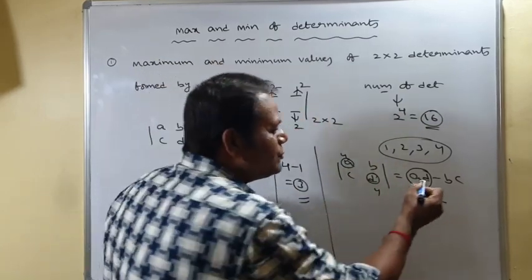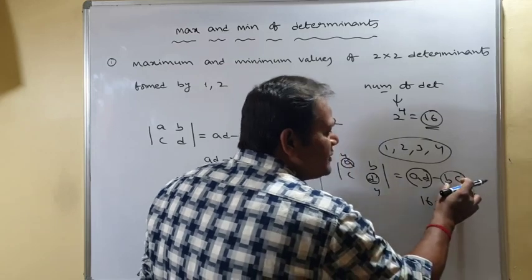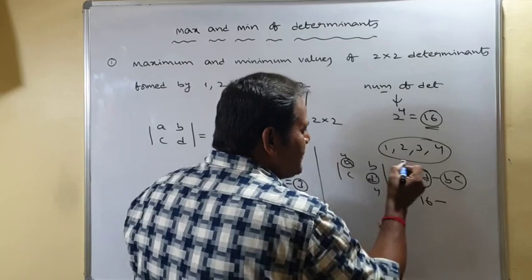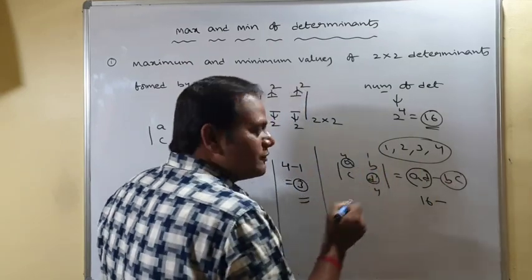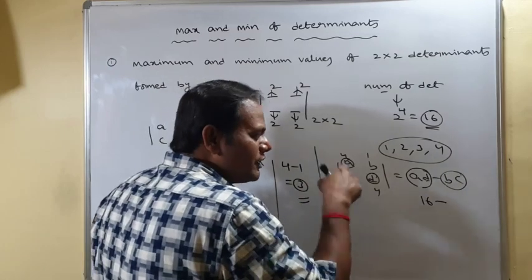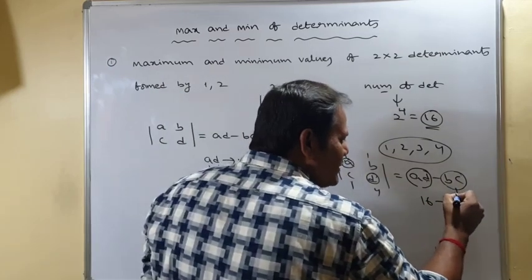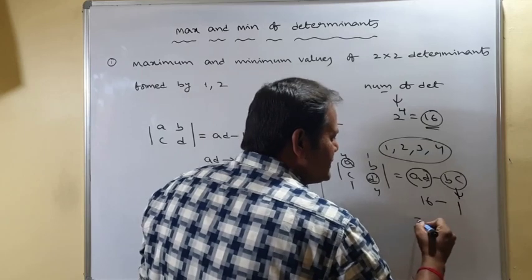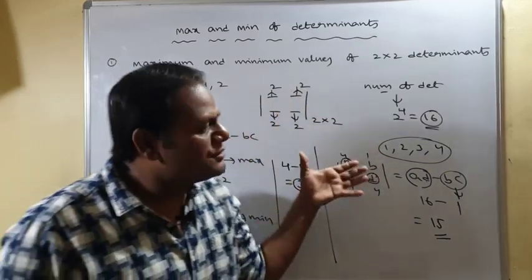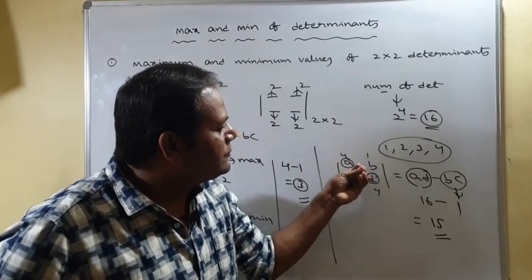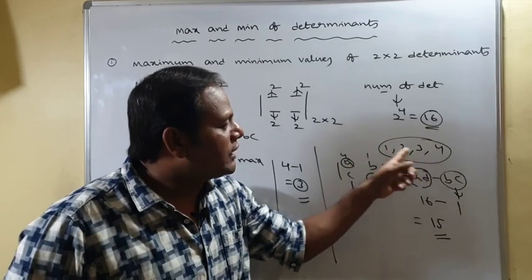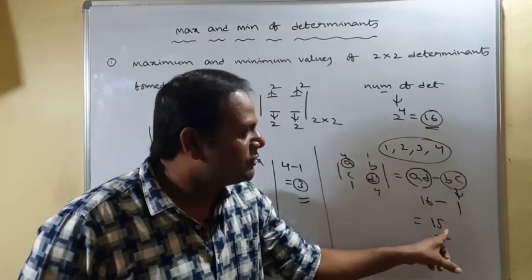So BC must be a lesser value. In place of B you take 1, in place of C also 1, and 1 into 1 is 1. So the least value for this is 1. So 16 minus 1 is 15.